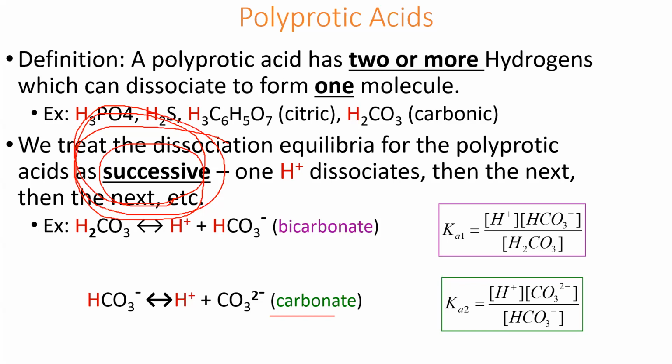Some of it will dissociate into H+ and bicarbonate. While this can dissociate again, the amount to which it dissociates is so small that we're not even going to consider it. So you would have to start off in the bicarbonate form to get an appreciable amount of carbonate.